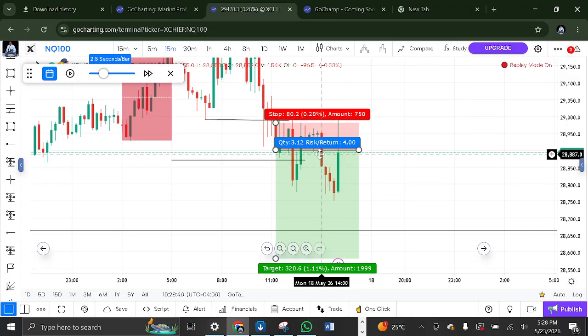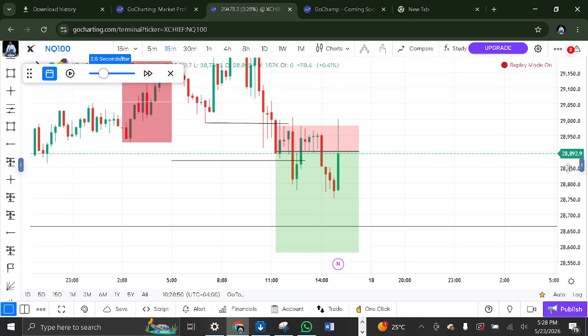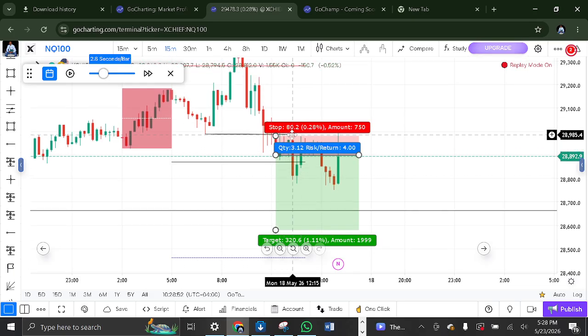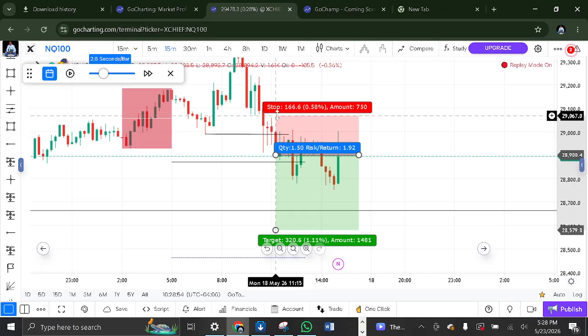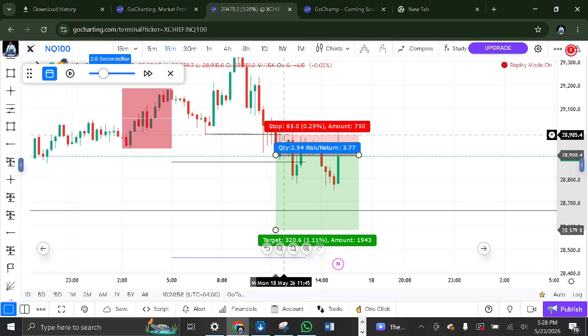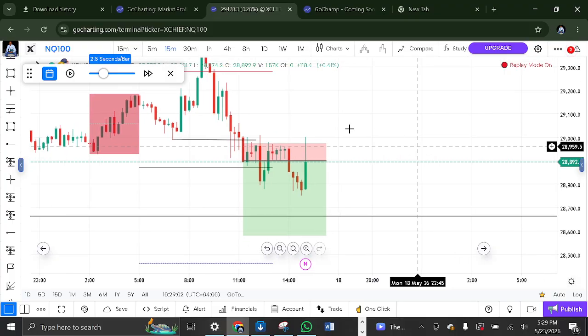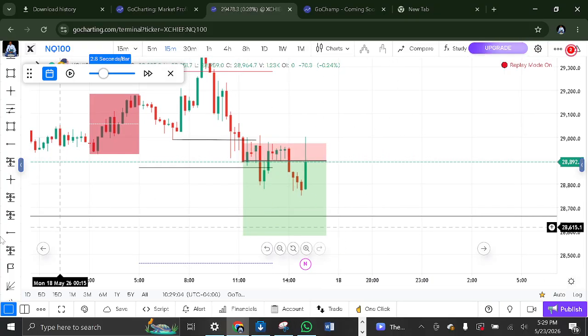Whenever we were forming these fair value gaps, and as the market was trading, assuming we didn't really do that, we can say where we had our stop loss. I think the initial position where I had my stops was around here, and now I've reduced it to this point in time. So you can say for the first position, this trade would have been a loser.